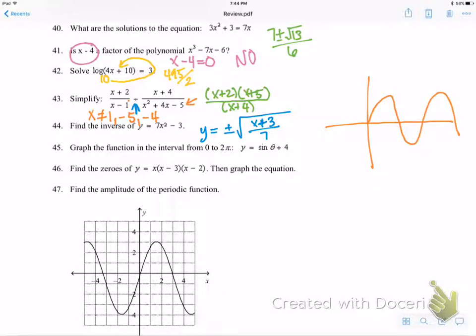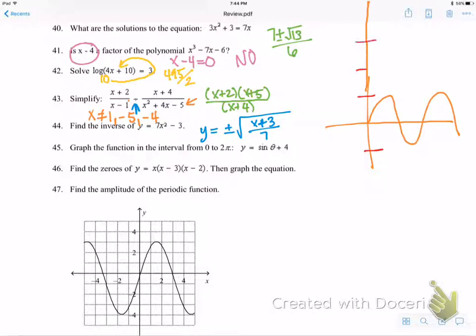But when you add a 4 to it, like you see in number 45, it's going to take this whole thing and shift it up 4 units. So this is -1, this is +1. If I'm going up 4 units, I'm going to be off this graph and even off this piece of paper that I'm looking at here. Well, I'm going to see what I can do anyways.